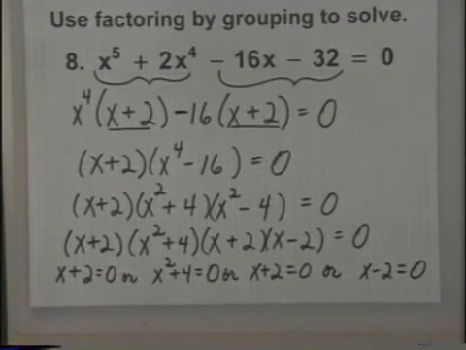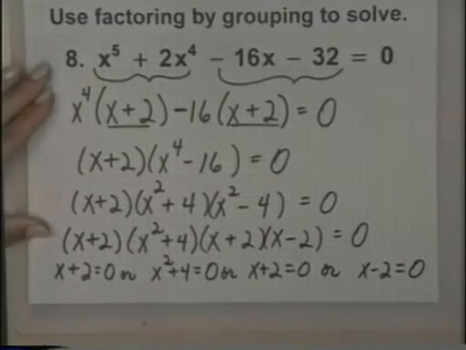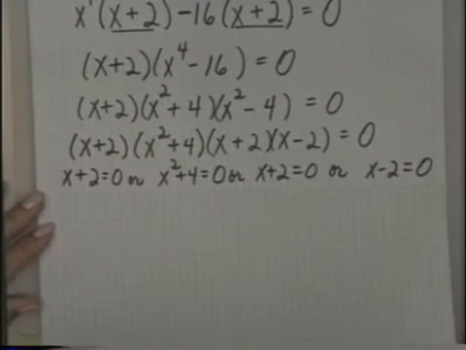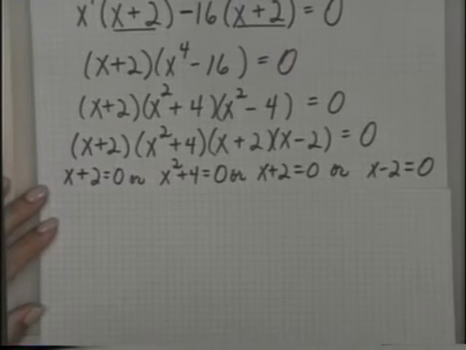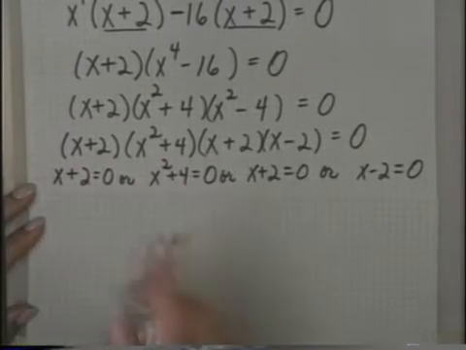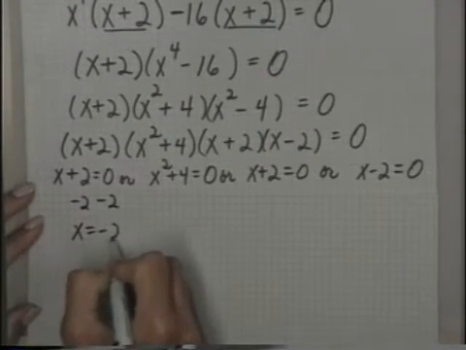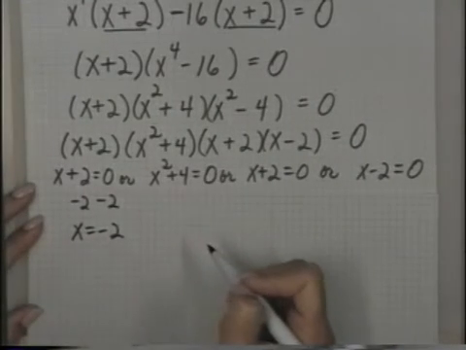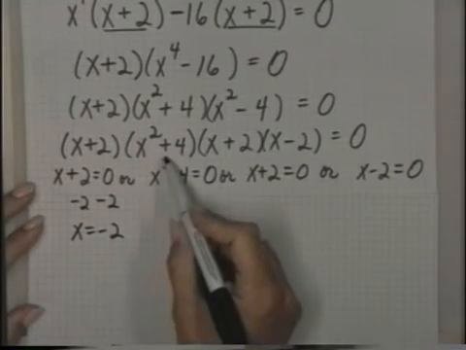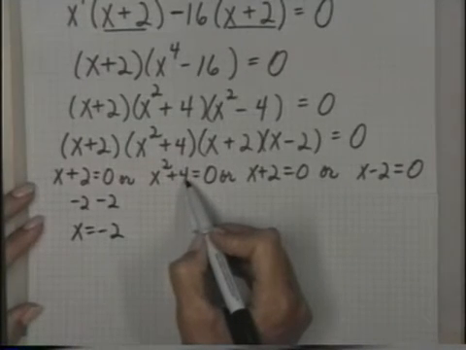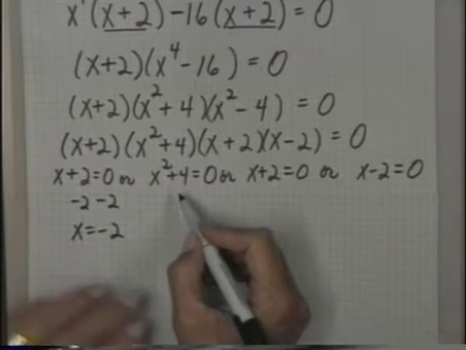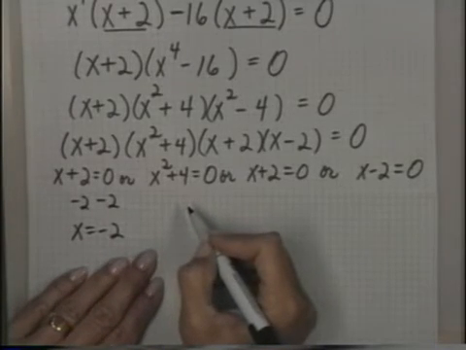Now for these 4 equations, 3 of them are linear and 1 is quadratic. Let's solve. For this first one, let's isolate the x by subtracting 2 from both sides. For this second one, it is quadratic. I have the quadratic term and I have the constant. I am missing the linear term, so I will choose to extract roots.